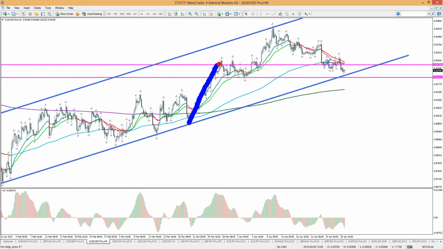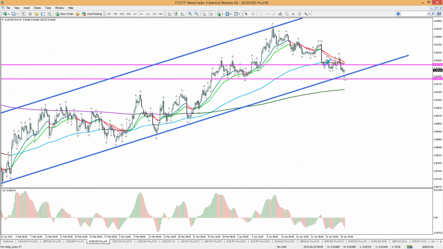An impulse, consolidation, impulse. This is a supply and demand zone. Anywhere in this, between those magenta lines, price can bounce for upside. We're very close to the bottom of that zone, in fact, and we're close to the bottom of that uptrend channel. Therefore, I would expect upside.